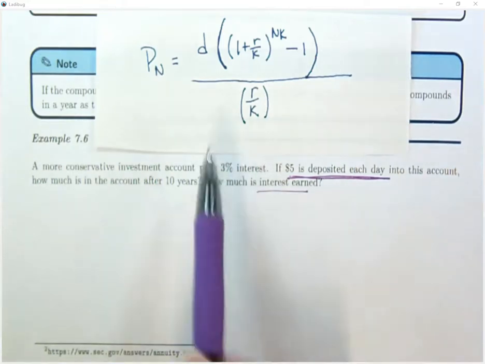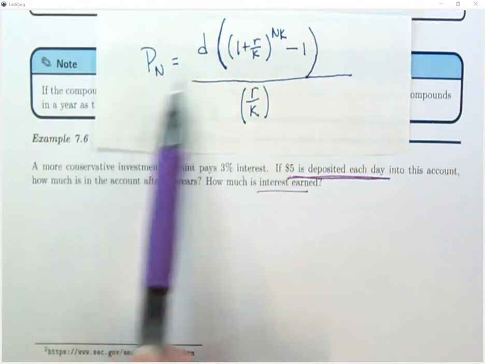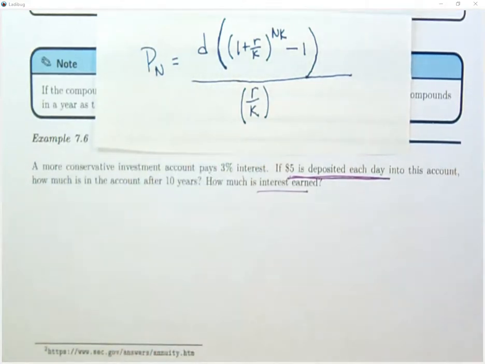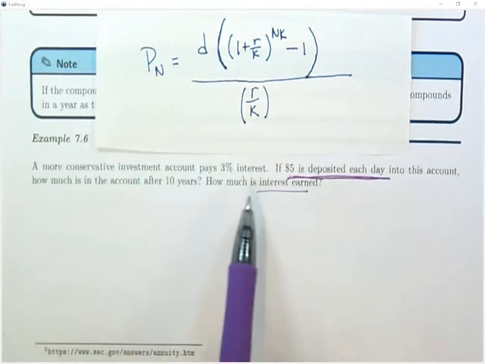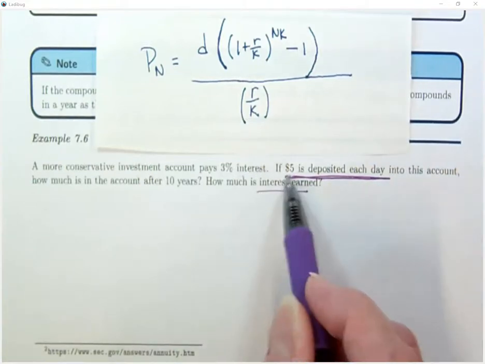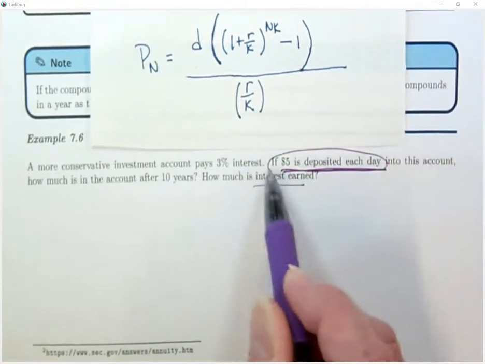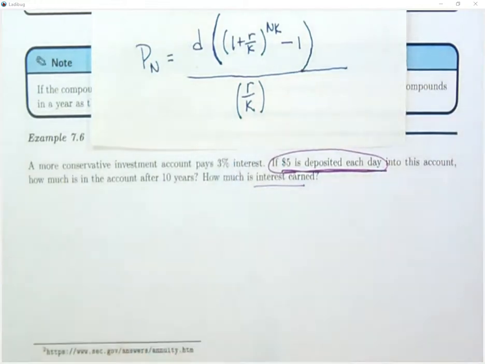Sorry, we're finding P sub n on this one and D on the next one. So we are definitely going to need this formula, the future value of an annuity. We could look at it as, what are we trying to save up for? Go ahead and try to plug everything into the formula, and I will do the same.